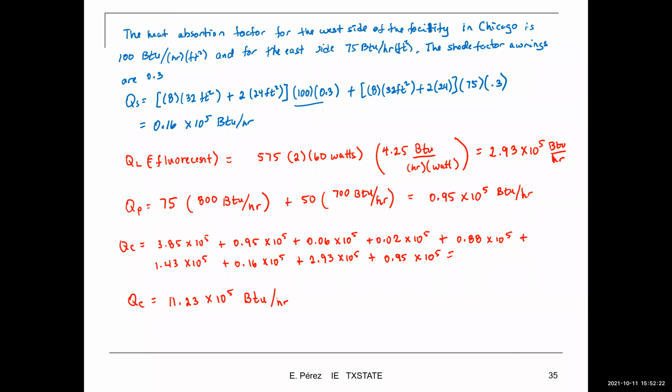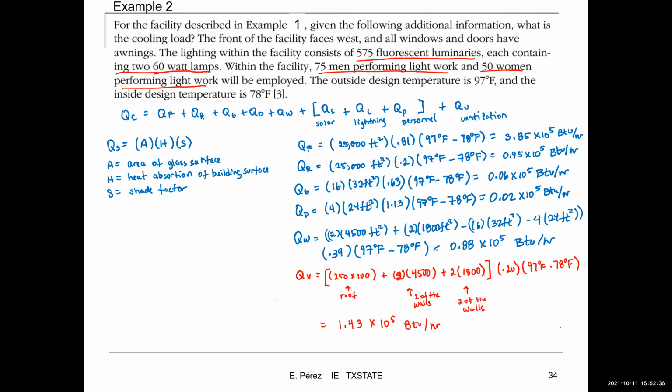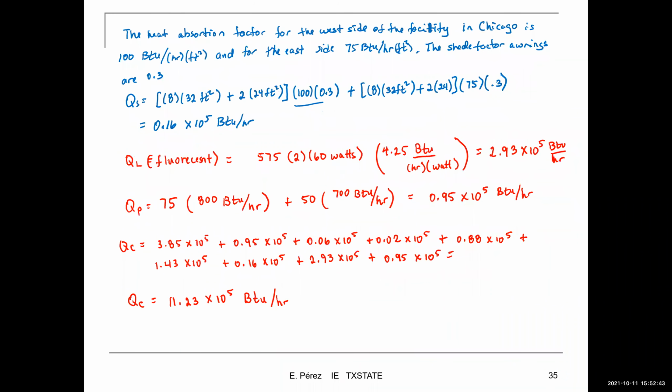So for the facility that we are trying to design, this will be the cooling load necessary to keep the temperature at the desired 78 degrees. You need a cooling load of 11.23 times 10 to the 5 BTUs an hour.